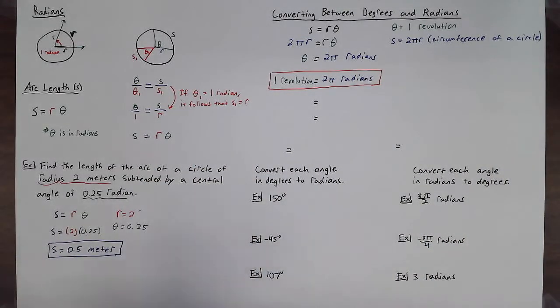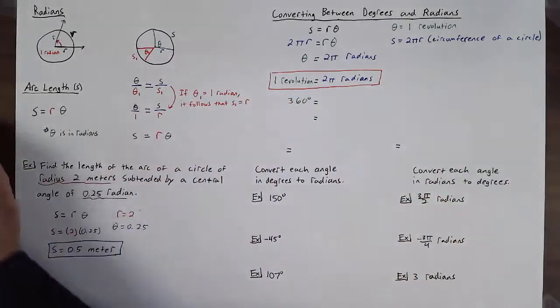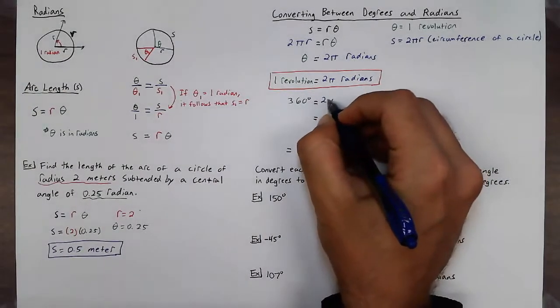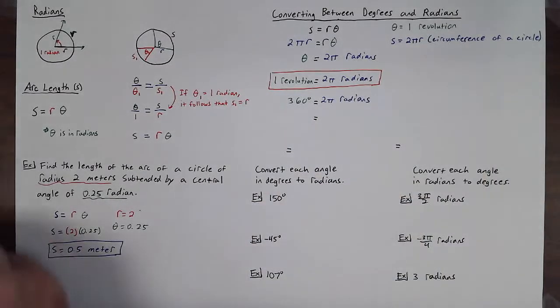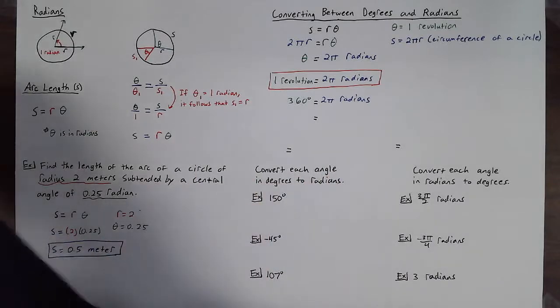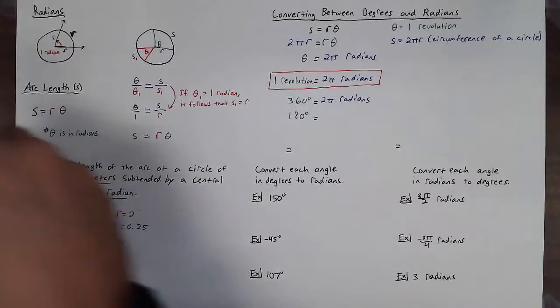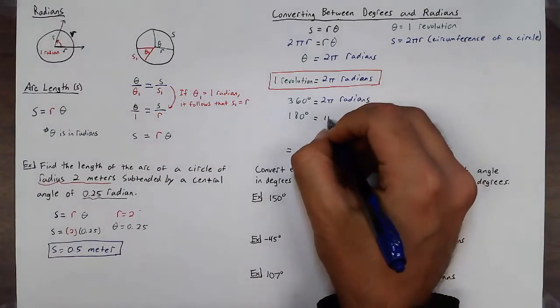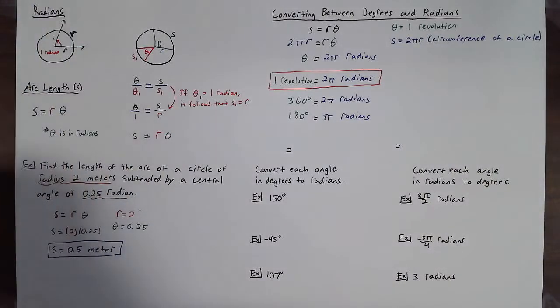Now, 1 revolution in degrees is 360 degrees, which will be equal to 2 pi radians. If I divide each side by 2, I can get that 180 degrees is equal to 1 pi radians, which is another very good formula used for a conversion rate.